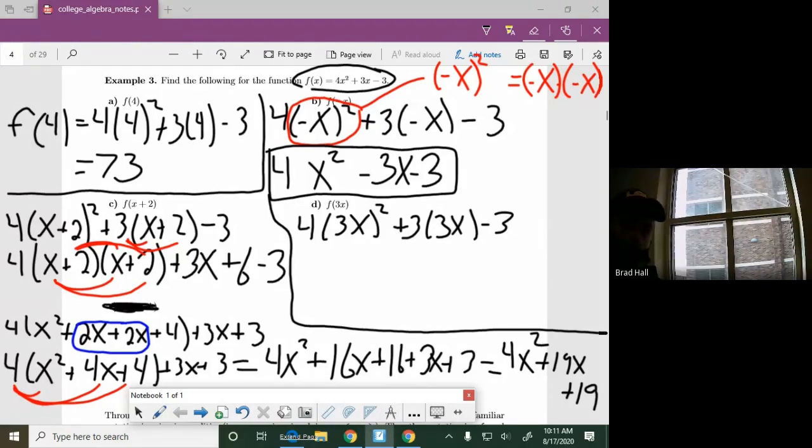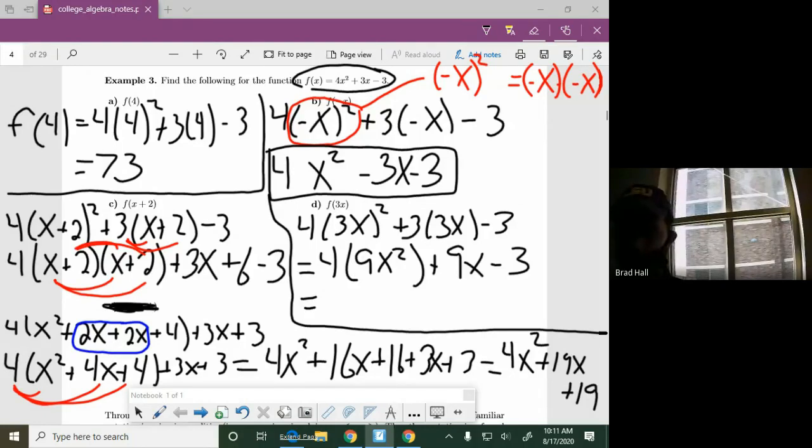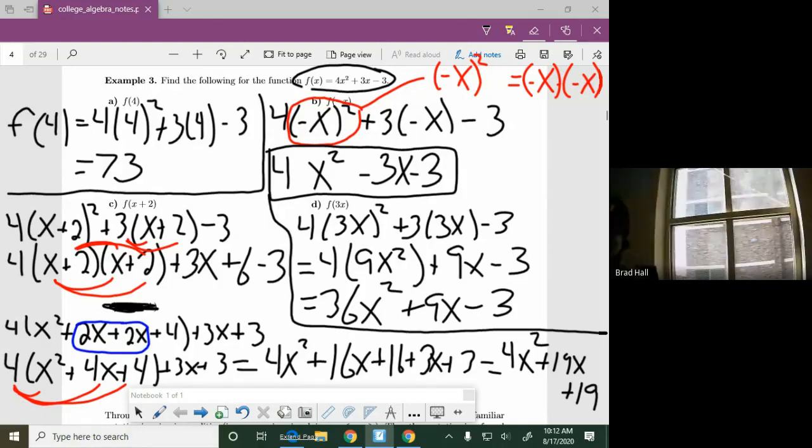So 3x times 3x. So 3 times 3 is 9. And the 4 is on the outside the whole time. So 3 times 3 is 9, and x times x is x squared. For the next term, 3 times 3x, which is 9x. And then there's that minus 3. Finally, we have 4 times 9x squared, which is 36x squared, plus 9x minus 3. And that would be the answer for part D.